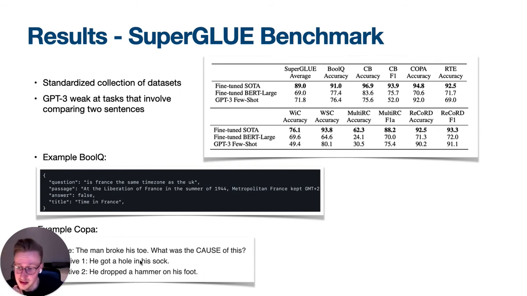And for the model, those tasks are easier because the model will probably select the things that happened more often in the training data. So basically, broke his toe and hammer on his foot is more often together in the training data than broke his toe and hole in his sock, which doesn't make any sense, right? So it's basically less reasoning necessary to answer those tasks.